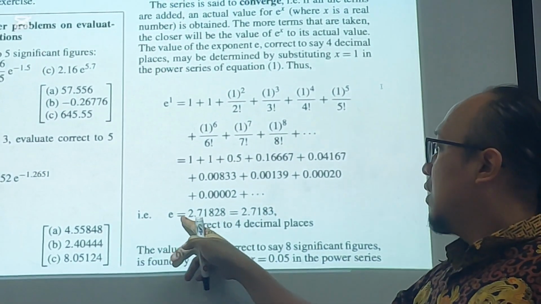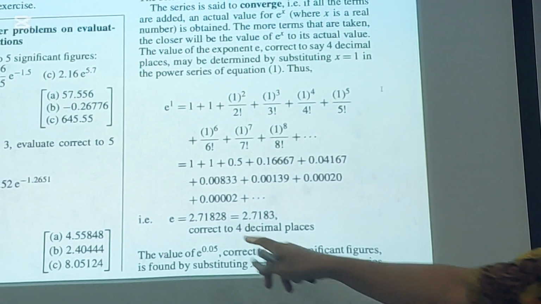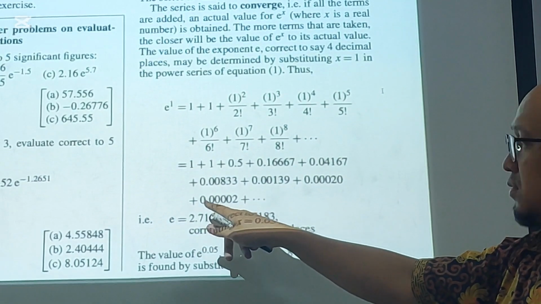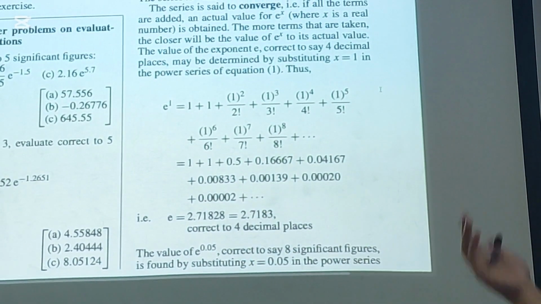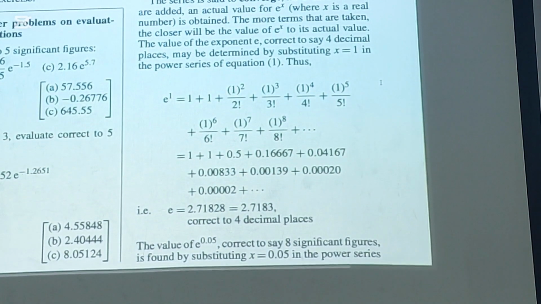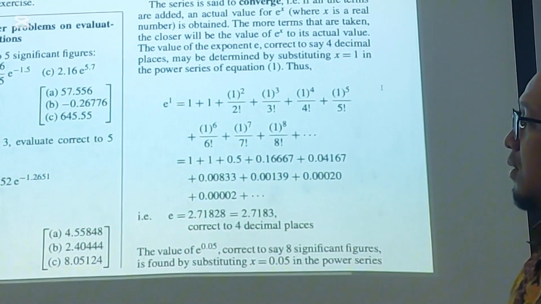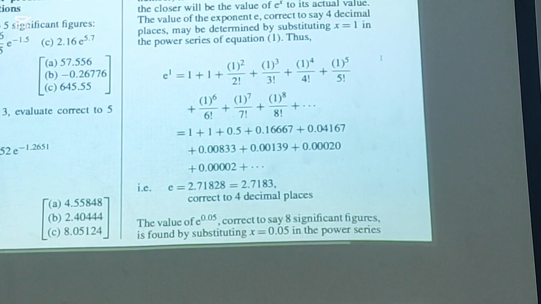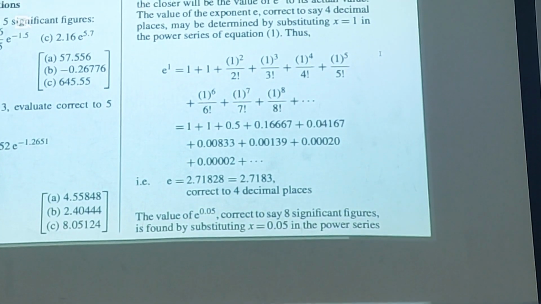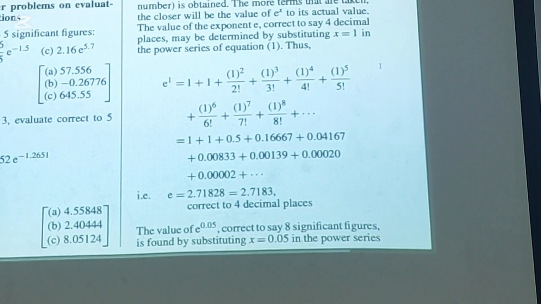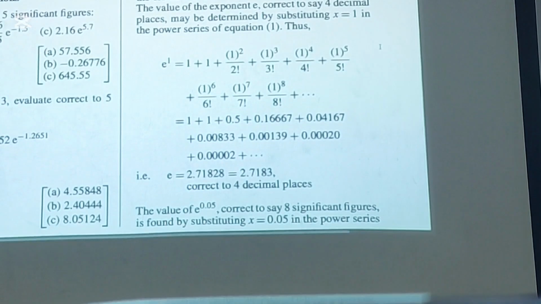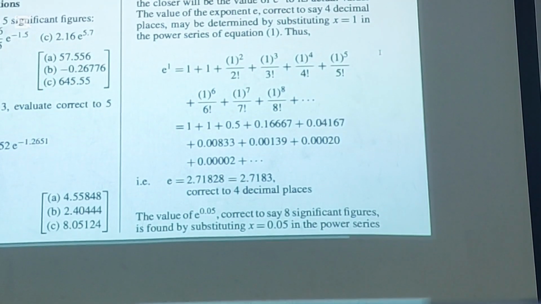So e is equal to 2.71828 and something else. And this is called the Euler number, or the Euler power series with x equal to 1.